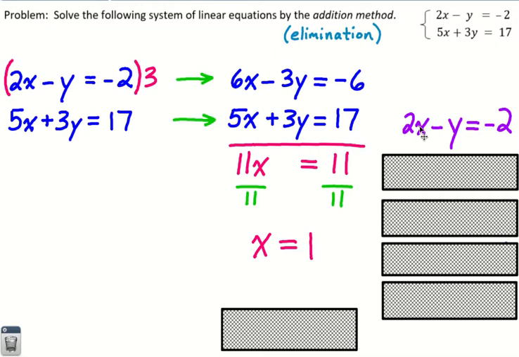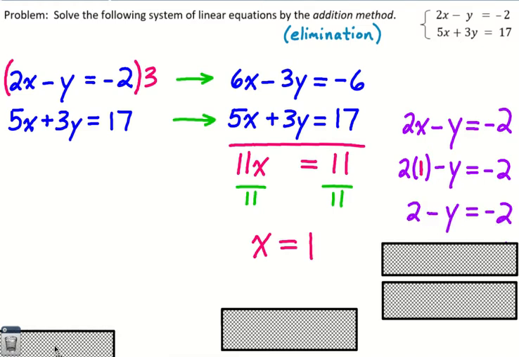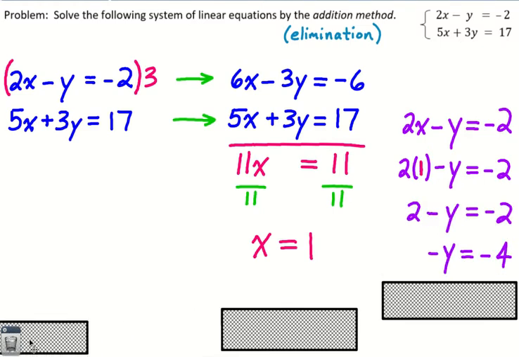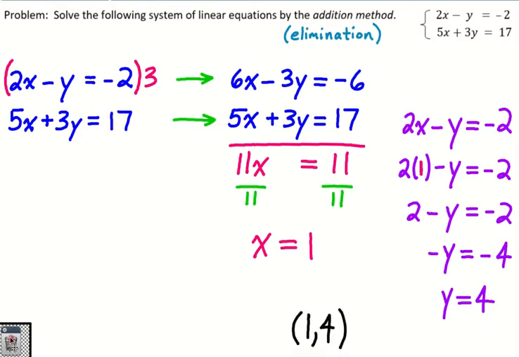So I'm going to plug in 1 for x, and then just take this through to the end, solving for y. And no need to go through all this process again. Eventually you end up with y equals 4, and that is your final answer, (1, 4).